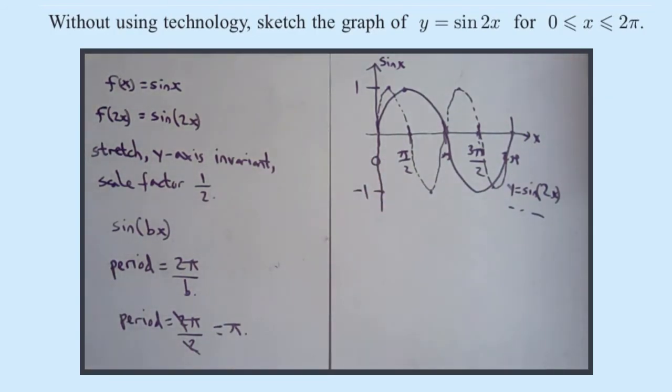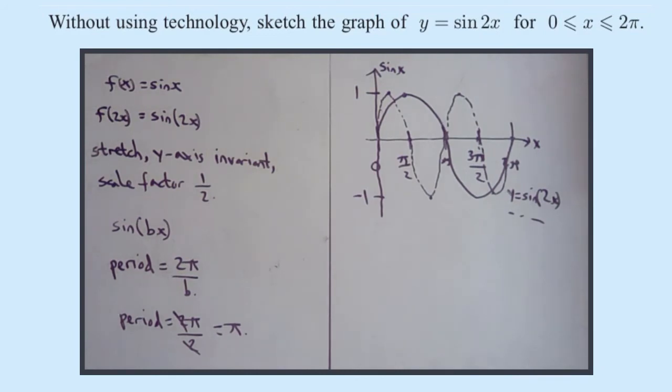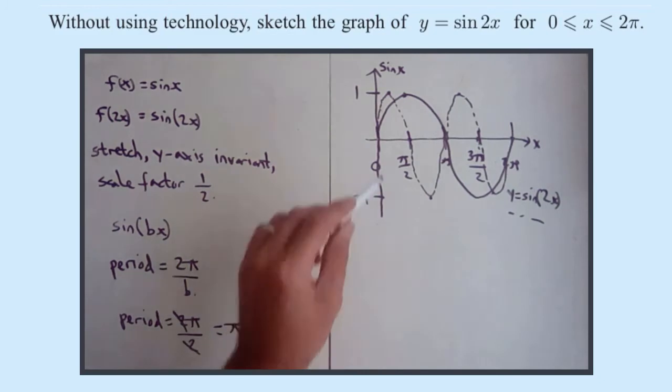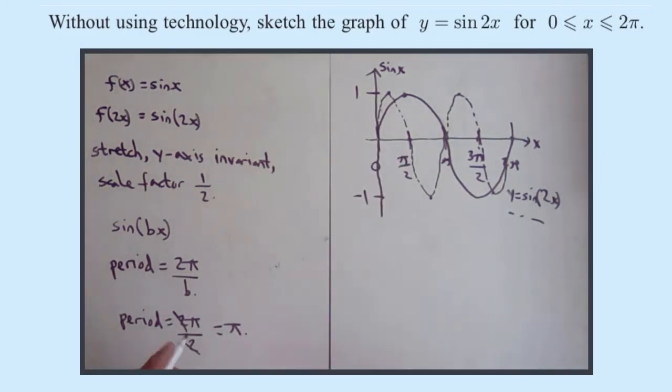Now, I'll just take you back to what I was saying about when you get sin 2x, it just means you get two cycles in 2 pi radians. It might be easier to draw it like that. Sometimes it's easier to draw the graph and then the axes. I find personally, you can see that my lines are really not the smoothest.